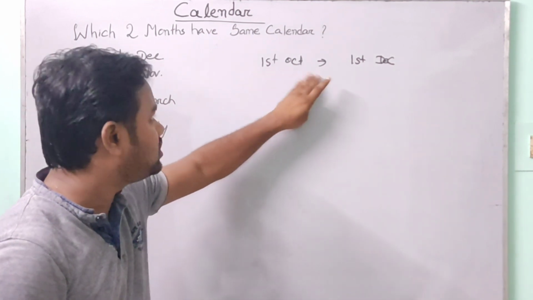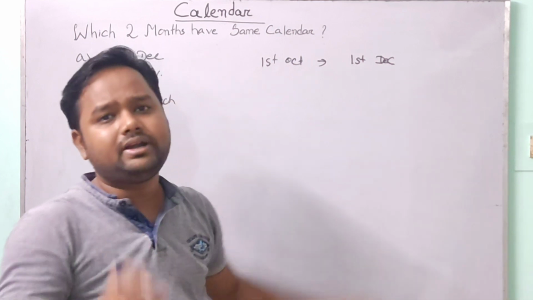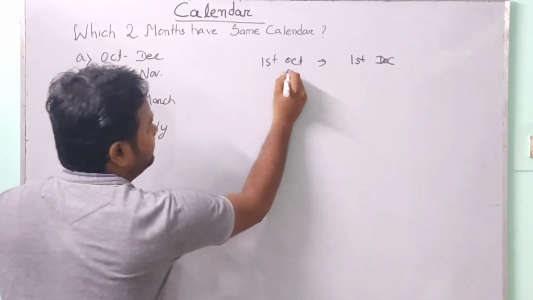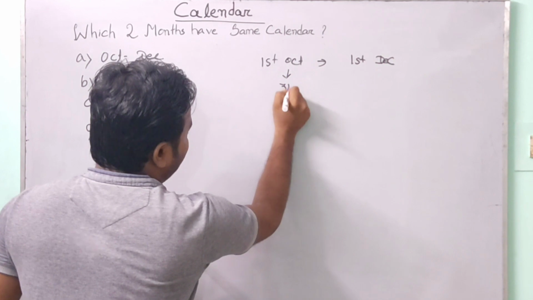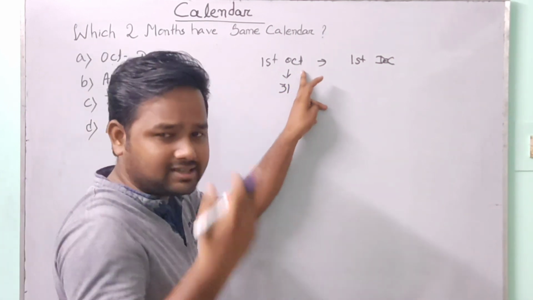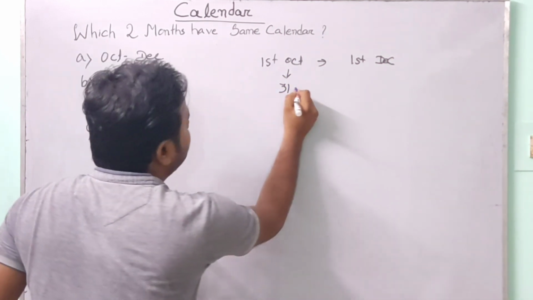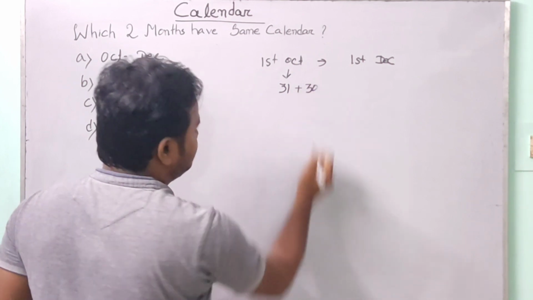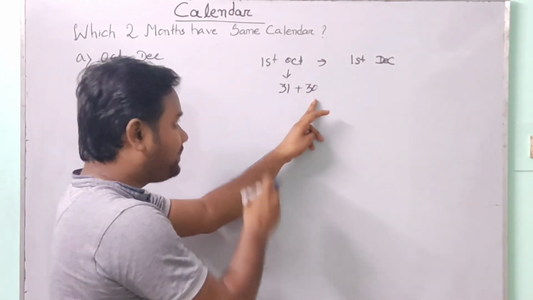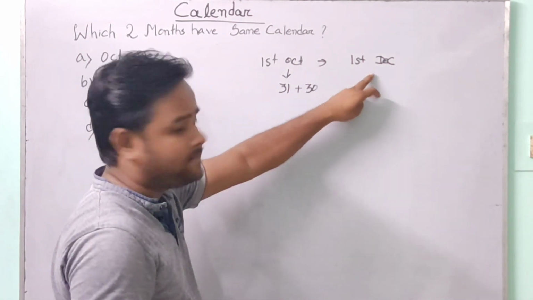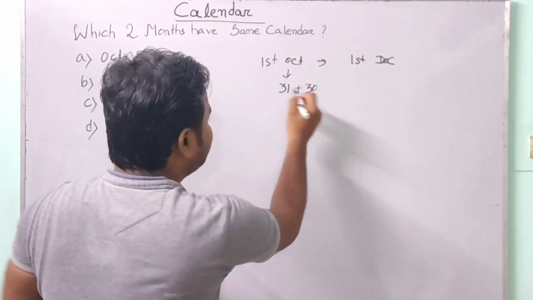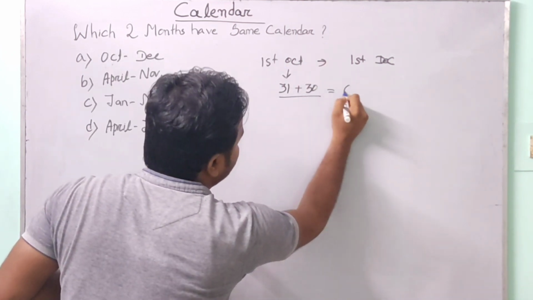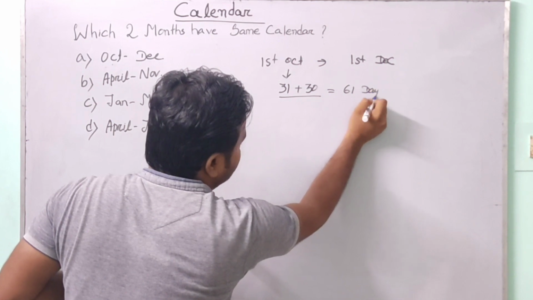So from 1st October till 1st December, how many days are there? October month has 31 days. Next will be November, which has 30 days. After this we get 1st December. So within this range I get 31 plus 30 is equal to 61 days.